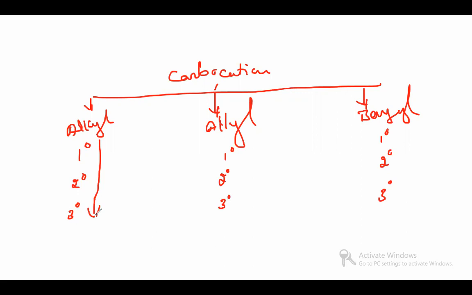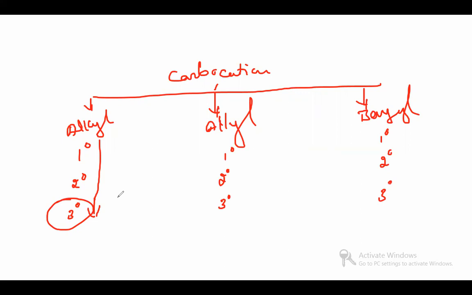So in the case of alkyl, allyl and benzyl, in alkyl carbocation, 3 degree alkyl carbocation is most stable. In the case of cations, we use the word cation for a positively charged ion.